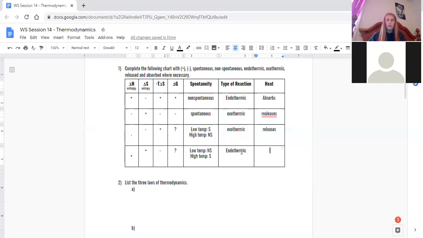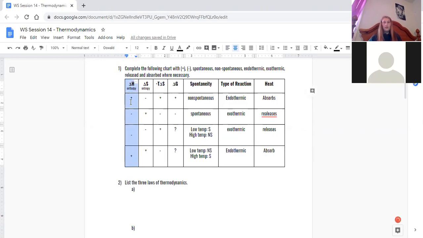Which means it absorbs heat. So are they going to absorb or release it? It's going to absorb it. And we get that from our enthalpy, which is what I'm looking at to determine that.